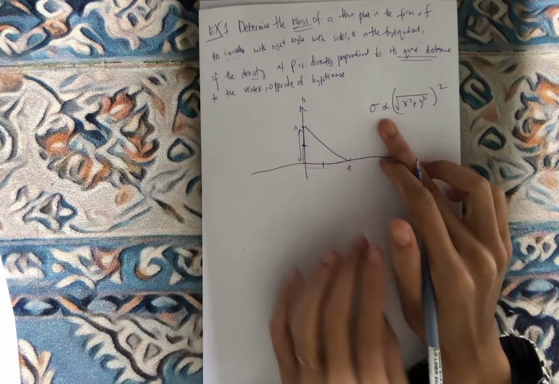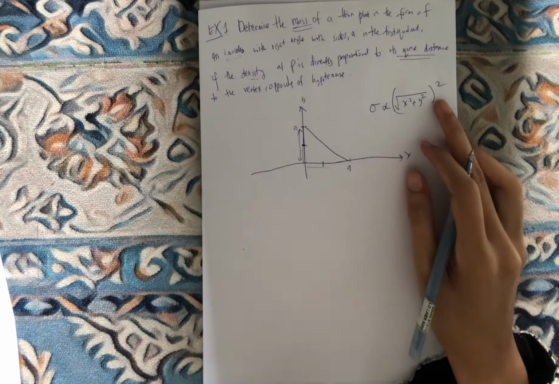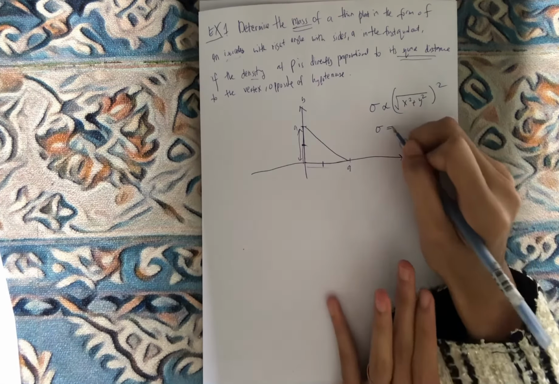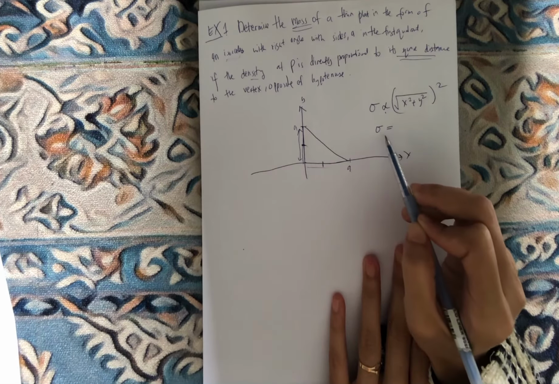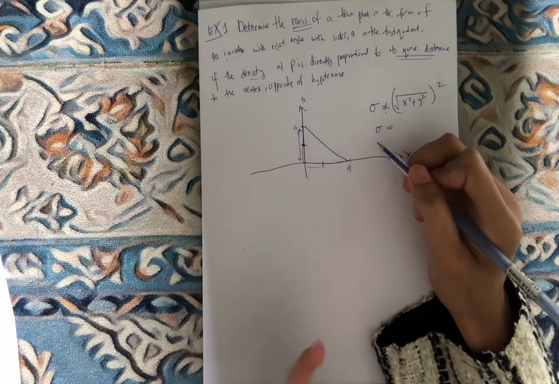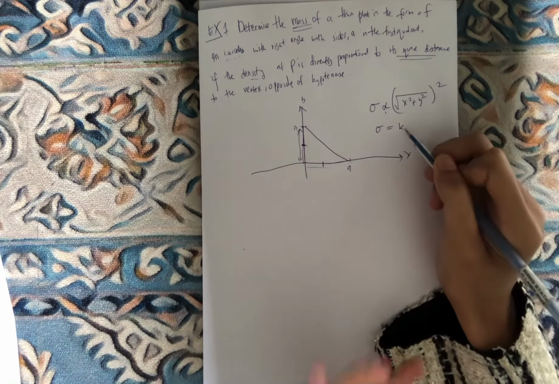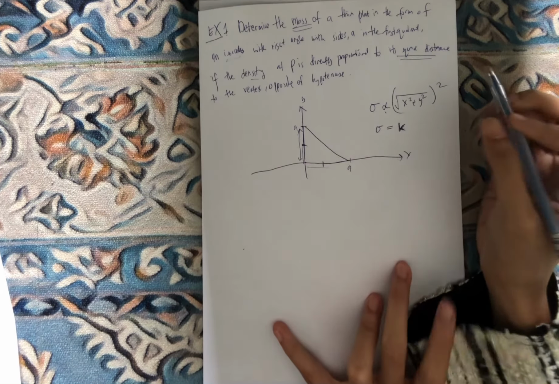So this is the formula for a distance. Square distance. Now what we need to do is make it an equation. This is directly proportional, so now we want to make it an equation. When you transform it into an equation, there must exist a constant, so I just let my constant be k.